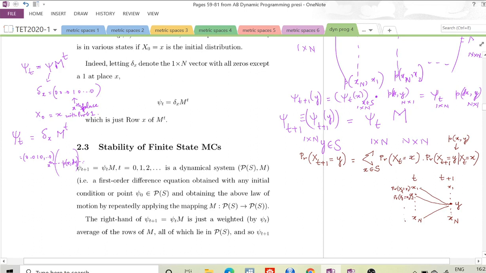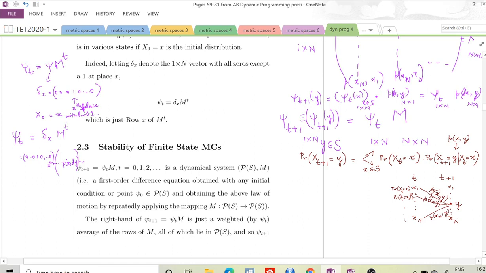And then there are these transition probabilities: the probability that X_{t+1} is equal to y, given that X_t is equal to x1, so that's p(x1,y), p(x2,y), all the way through p(xn,y), right?